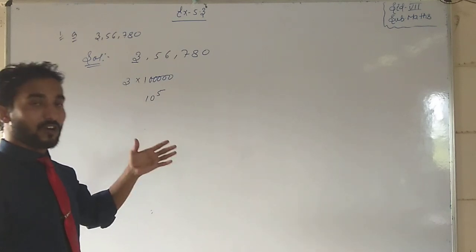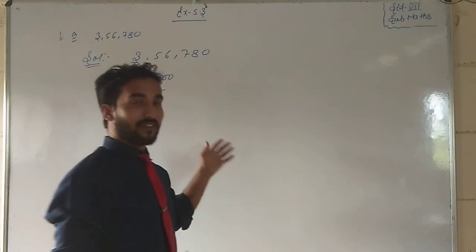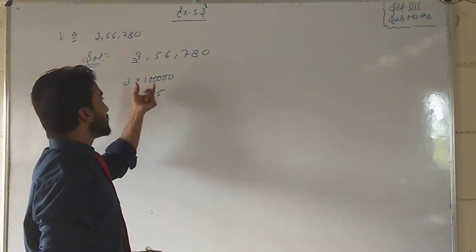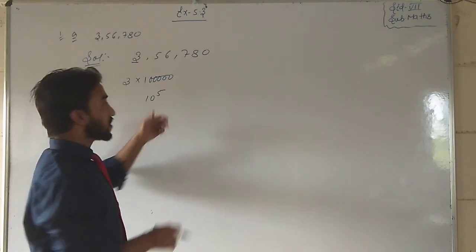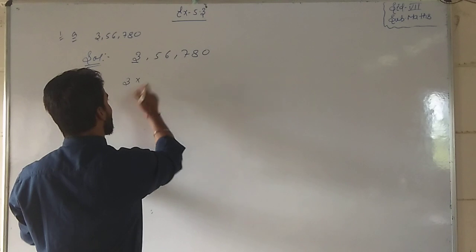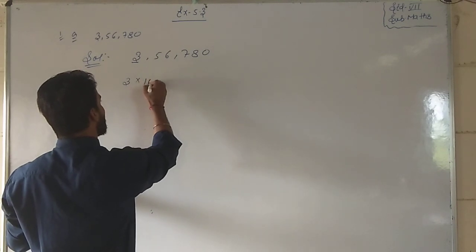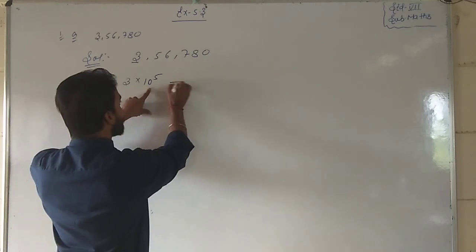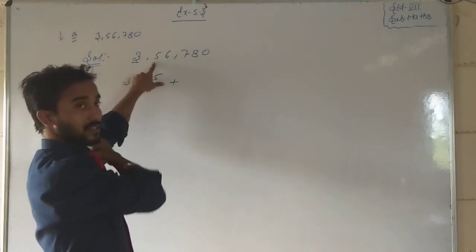In the previous questions, I think we have already done such types of questions. We can write this number in exponential form. So remove this 10,000 and 1 lakh. Mention here 3 into 10 to the power 5. After that put a plus. Which number is there? 5.